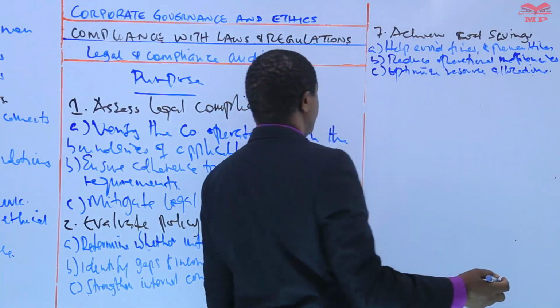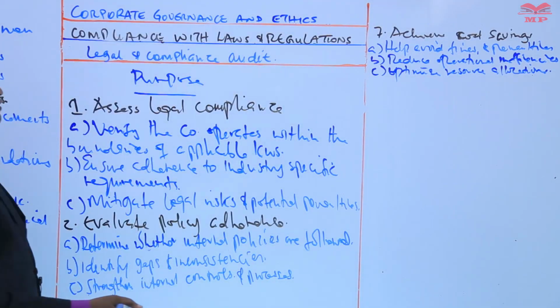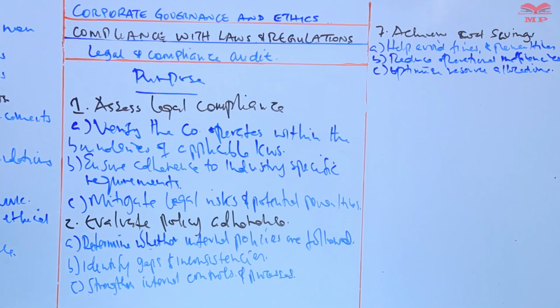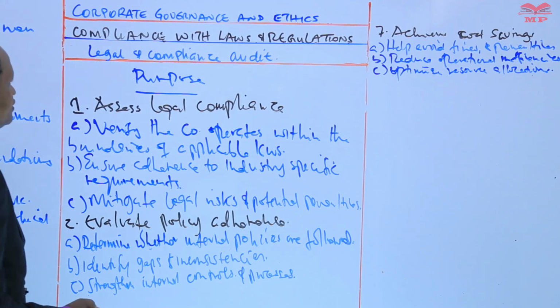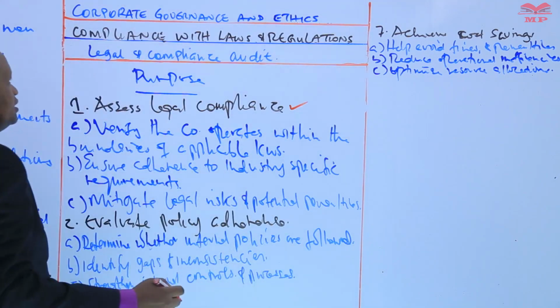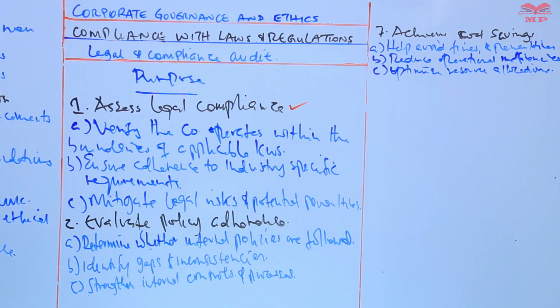So we've outlined 7 purposes of carrying out legal and compliance audit. Now, the first purpose is that a legal and compliance audit can help assess legal compliance.